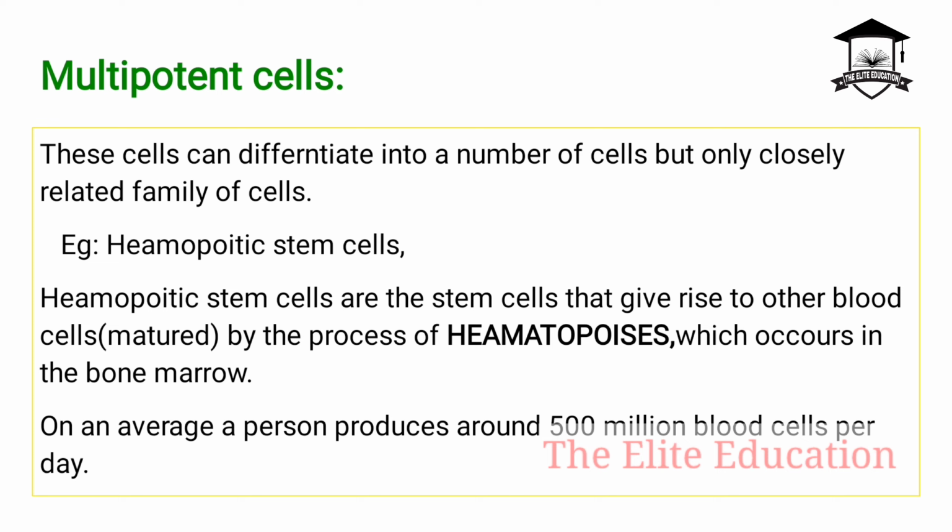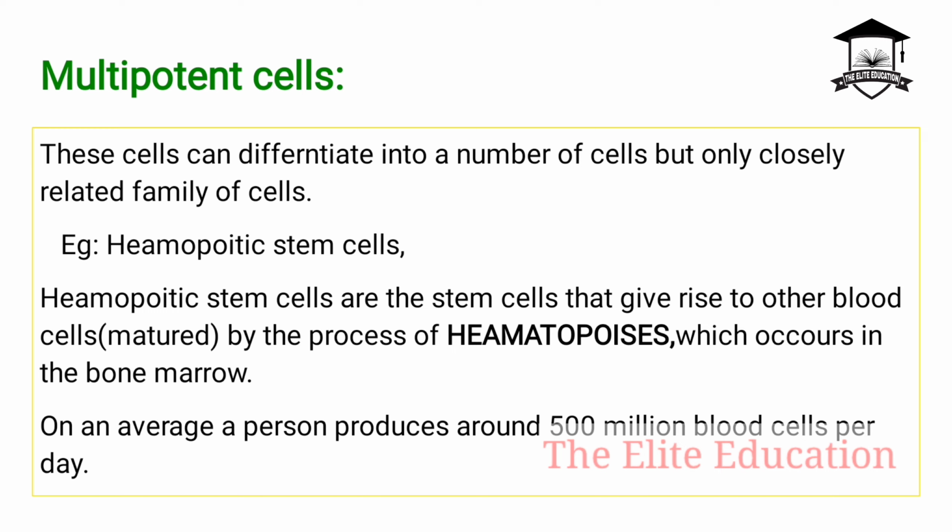Okay, so these stem cells can give rise to only certain family-related cells. The best example, as it is said here, is hemopoietic stem cells. One hemopoietic stem cell can give rise to any kind of cell in the body that floats in the blood, for example macrophages, leukocytes, or red blood cells, or any other different cells.